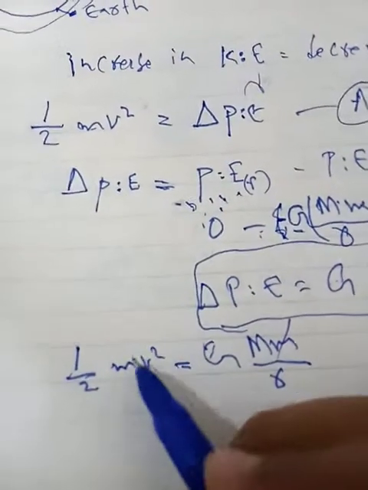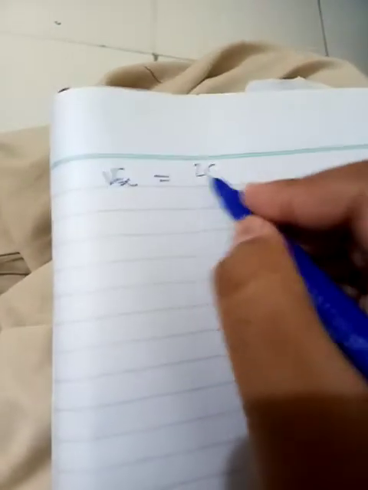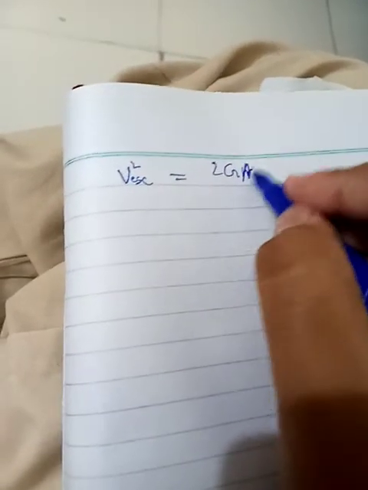So this m will cancel with this m, and the half will move over, so just v square will be there, and v square is the escape velocity, v esc. So v esc square equals 2GM upon r.